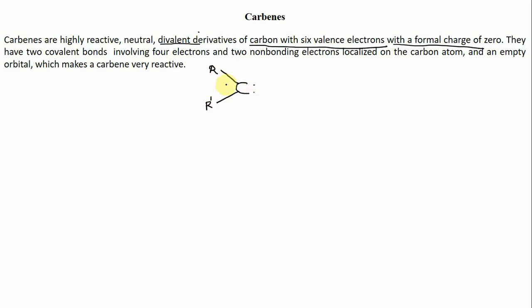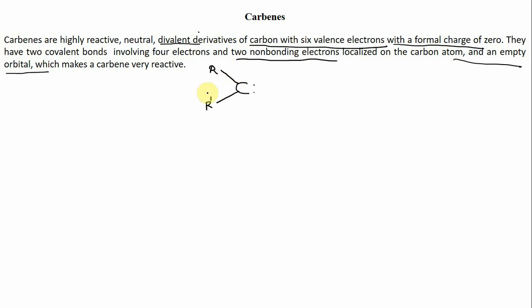Since there are a total of 6 valence electrons, which involves 4 bond pair electrons and 2 non-bonding electrons which are localized over carbon, this leaves 1 orbital vacant. So there is 1 empty orbital present over this carbon.